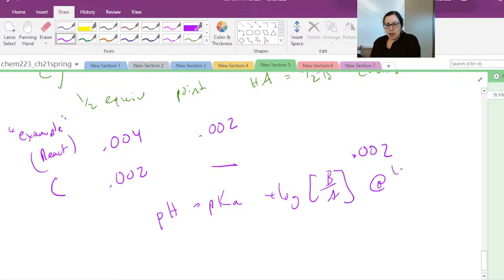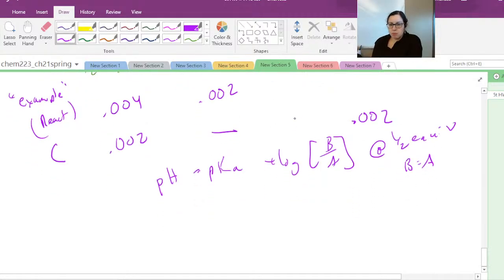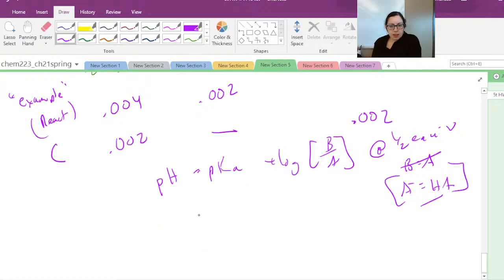But then at half equivalence point, my base equals my acid after the reaction, is what we're really saying. And so then we're just left with the pKa for our answer, so 3.34 there. So does that make sense for that one?